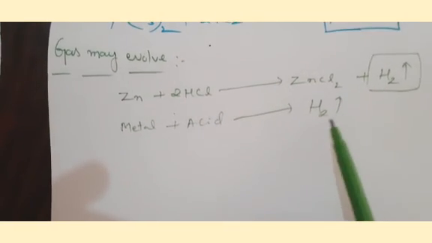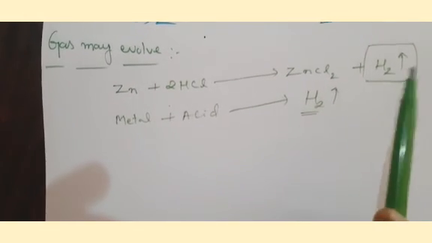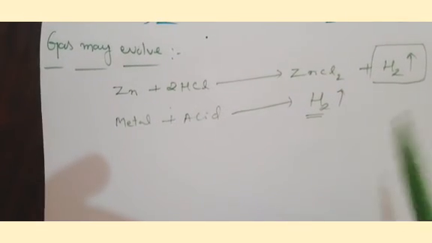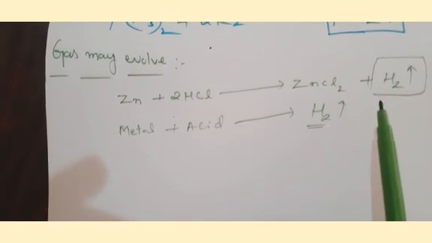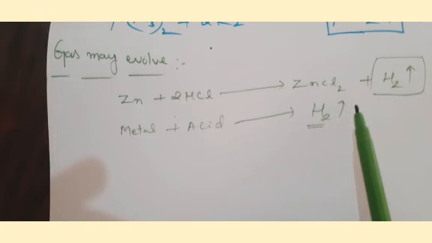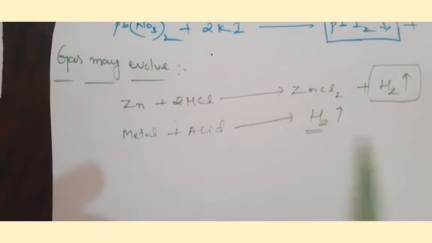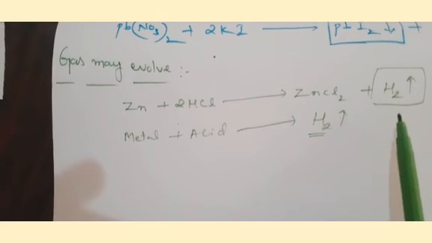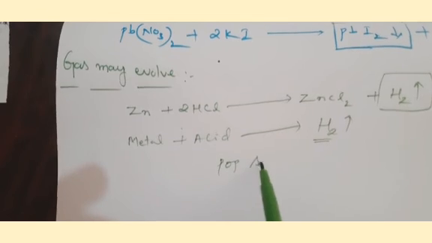Now, how to test the hydrogen gas? You can test the hydrogen gas with a burning matchstick or a burning candle. When you keep a burning matchstick or burning candle at the mouth of the conical flask, it blows off with a pop sound.